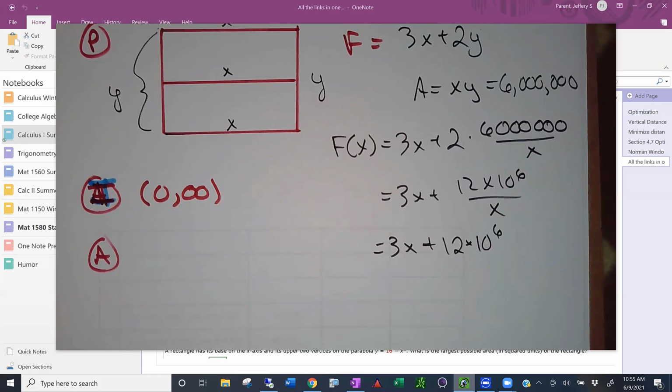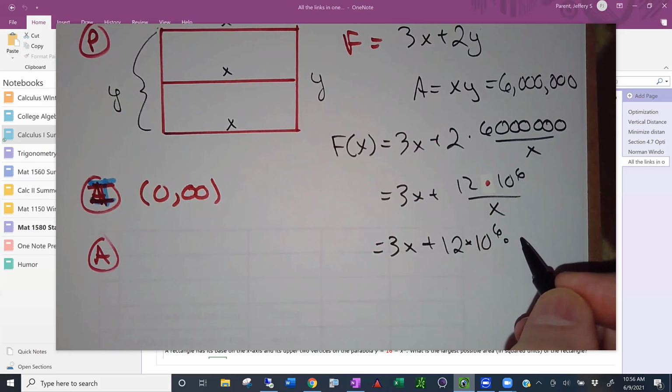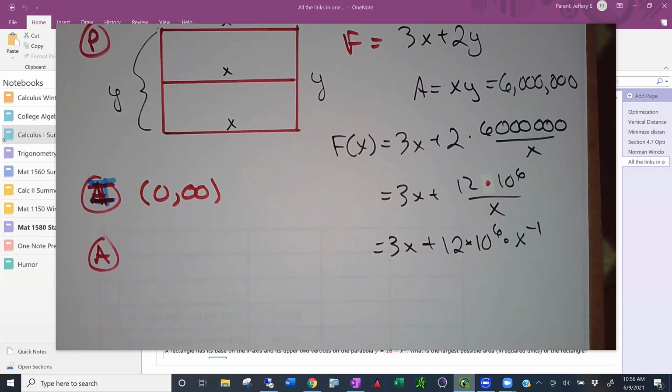I should probably have written this as 12 times 10 to the 6, which is another way to write 12 million. If I'm going to avoid the quotient rule here, what would I write? Times what? How about x to the negative first? Yeah, thank you. Just x to the negative first.